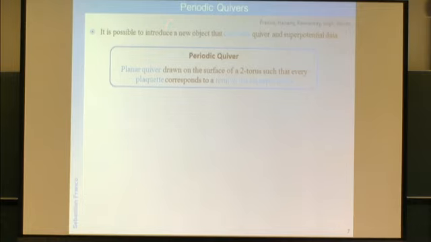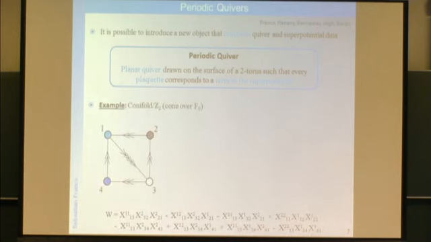It's a quiver that lives on the surface of a two-dimensional torus, such that every superpotential term is encoded in a plaquette, or minimal loop, in this graph. Let me show you an example. This is an example of a gauge theory that arises when you put branes on a C2 orbifold of a conifold.